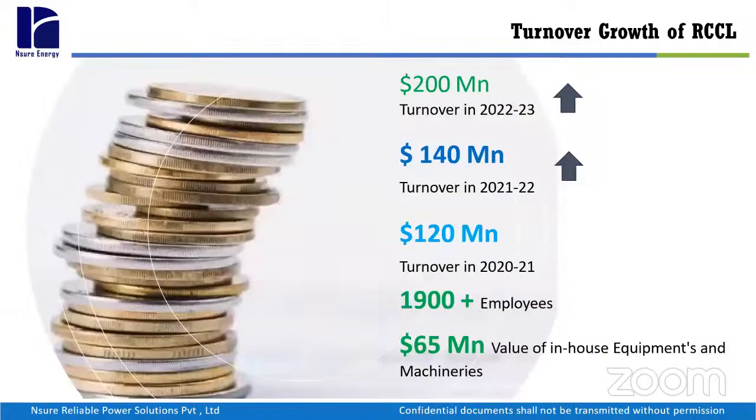This is just a slide on the financials of our parent company, which was $200 million last year, up from $140 million in the preceding year. They have a big workforce of 1,900 plus employees, and very good assets and in-house equipment, because they are into big infra projects, close to $65 million worth of in-house equipment and machinery.